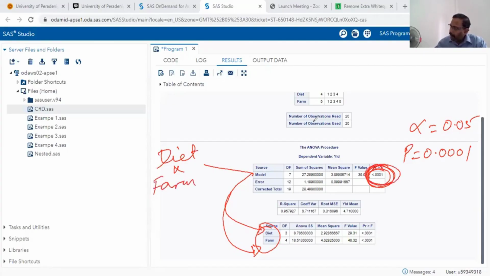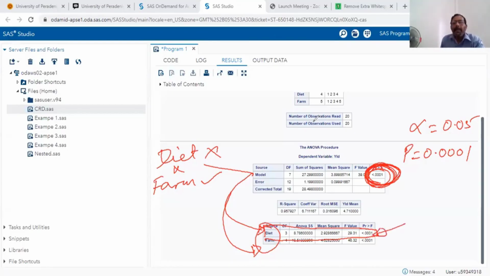Maybe the farm is significant, and diet may be not significant. Therefore, by looking at whether the model is significant, we cannot conclude that diet is significant. So we have to go specifically to the diet and see whether diet is significant, because in this example, diet is our treatment.